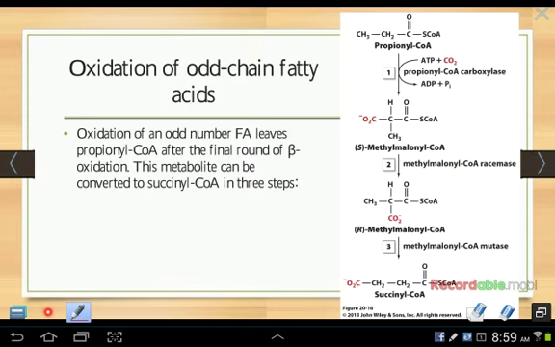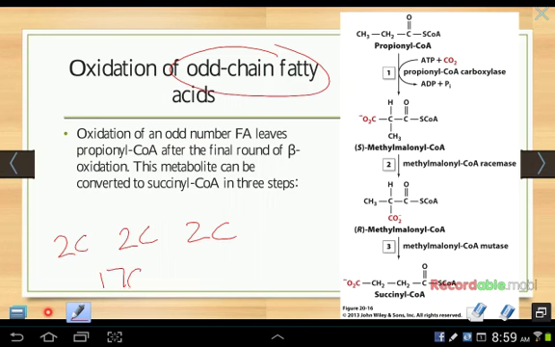Now, what happens when we have odd-chain fatty acids? So remember, when we're doing beta oxidation, we're losing 2 carbons each round of beta oxidation on an acyl chain. So what happens if we have a 17-carbon long fatty acid? You're going to end up, at the last round of beta oxidation, with an acetyl-CoA, right, which is 2 carbons long.